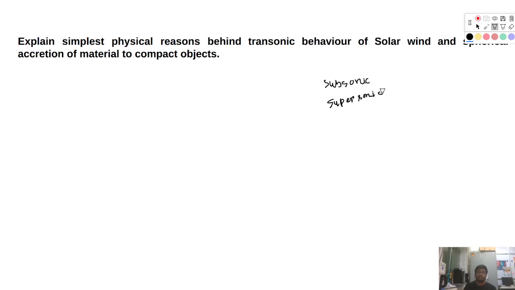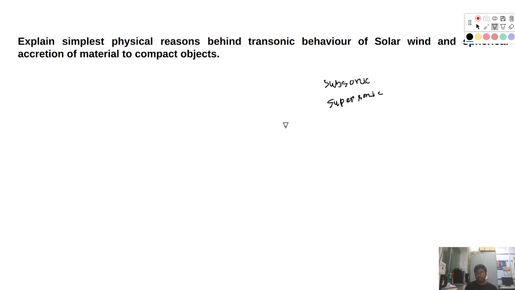Now transonic means that if a flow is initially subsonic and then converts to supersonic, or vice versa, that is the transonic behavior. So now we have two phenomena here. First one is solar wind, second one is the accretion of material onto compact objects. Let us look at those one by one.